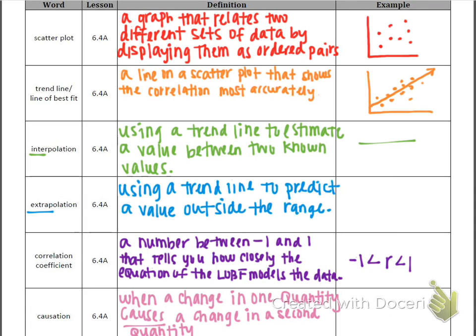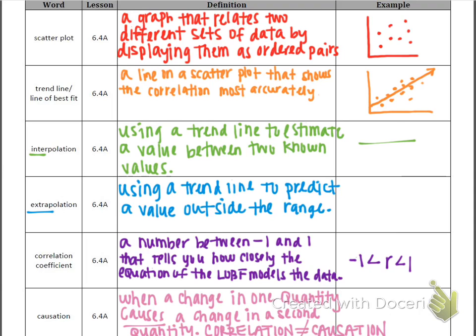Okay. And then here's something really important I want you guys to write down. Correlation does not equal causation. Okay? Just because something is correlated does not mean we can assume that one causes the other.